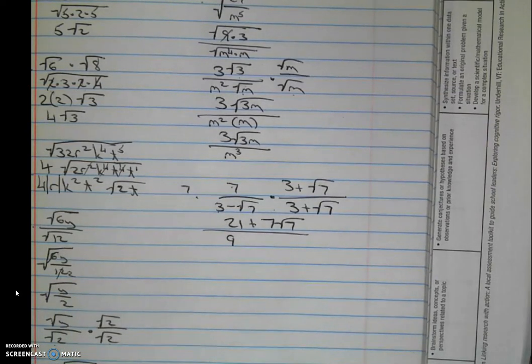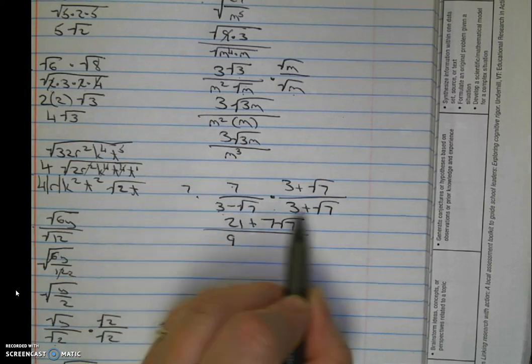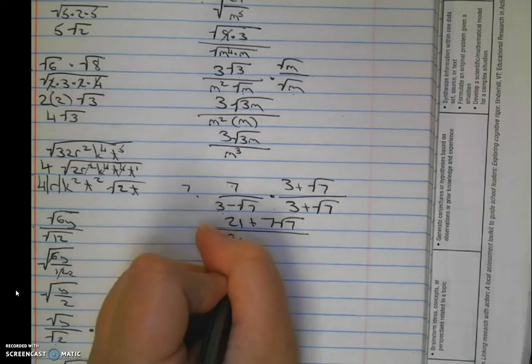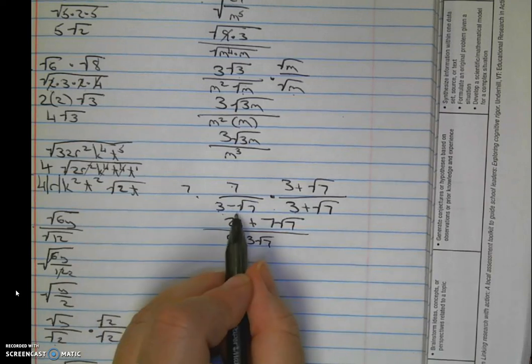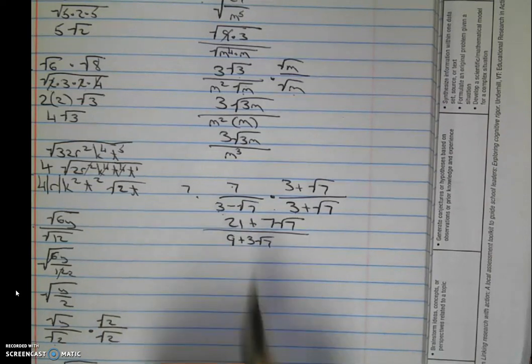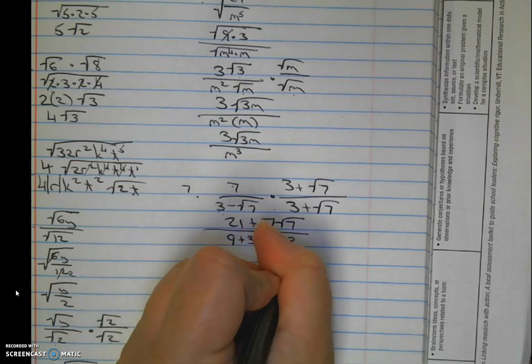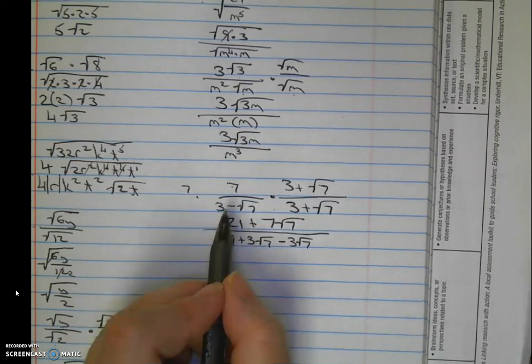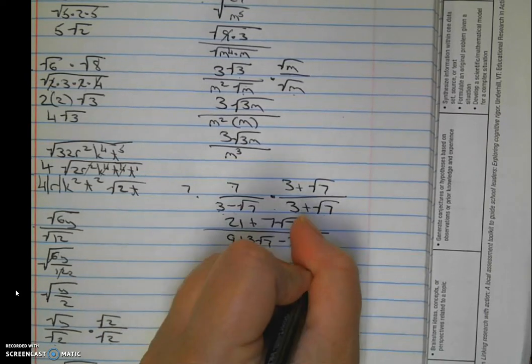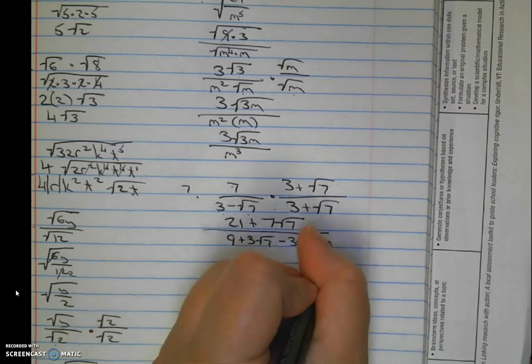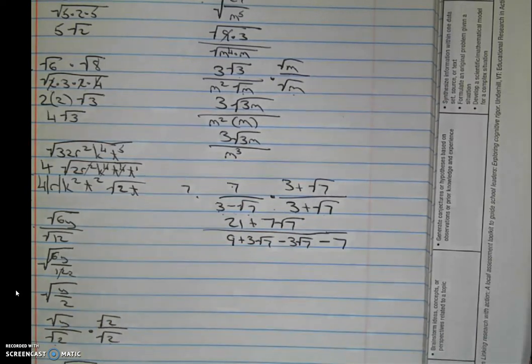Now think about the middle term. 3 times square root of 7 is a 3 square root of 7, but square root of 7 times 3, negative square root of 7 times 3, gives me a minus 3 square root of 7. And negative square root of 7 times positive square root of 7, negative times a positive is a negative, square root of 7 times square root of 7 is 7. Normal distributive property.